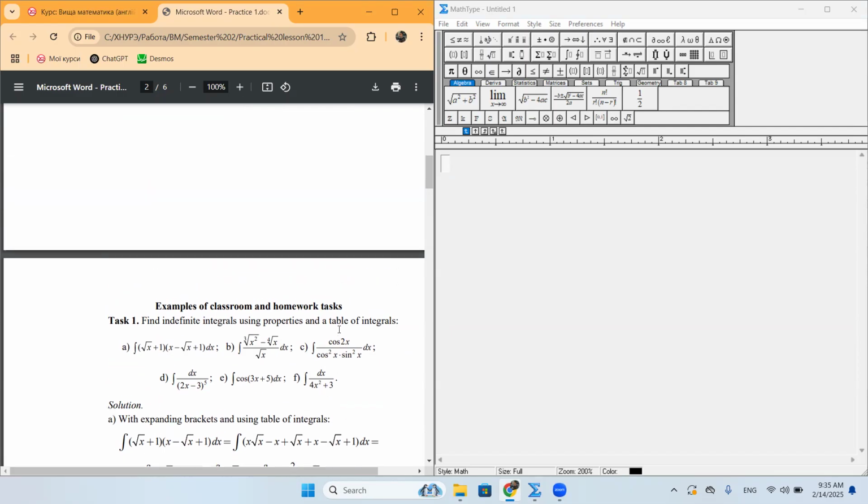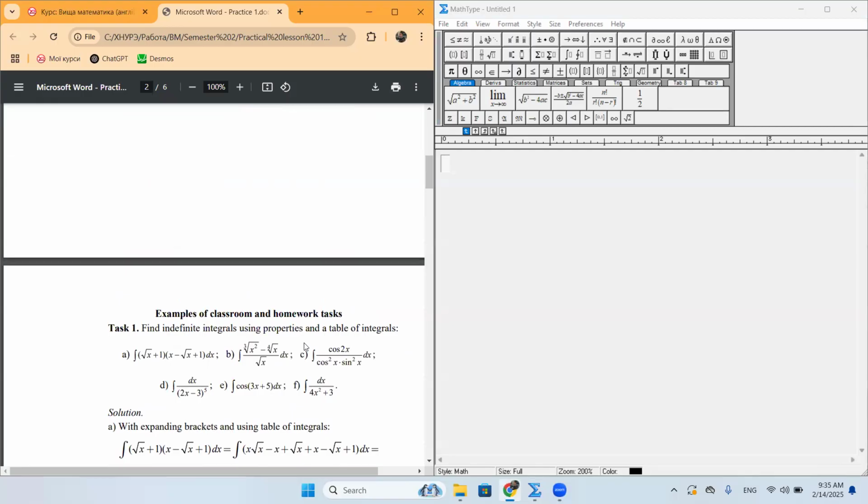So first of all, we will use just properties and the table of integrals. So let's start. Let's solve exercise 1a.